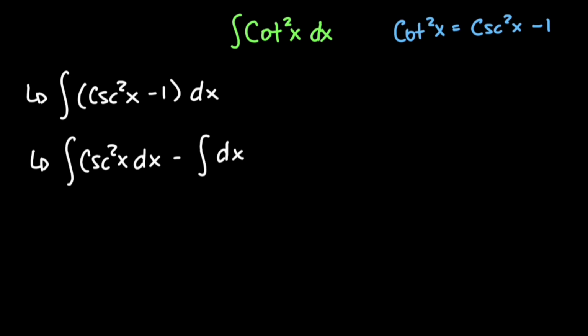And so, the integral of cosecant squared x, this is the same case as the secant squared x earlier, wherein we can just find the integral by the reverse.